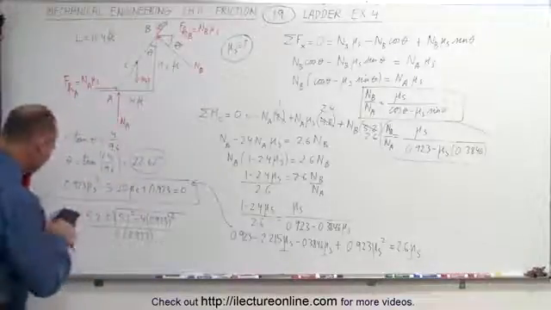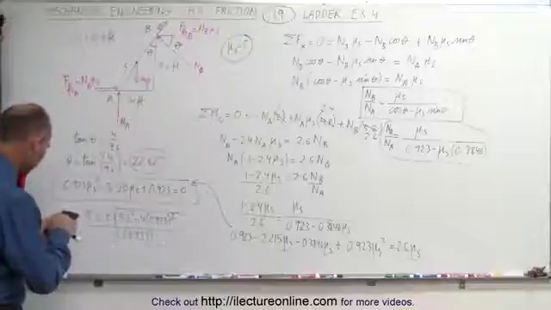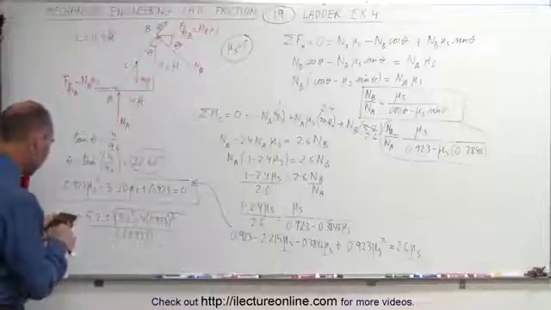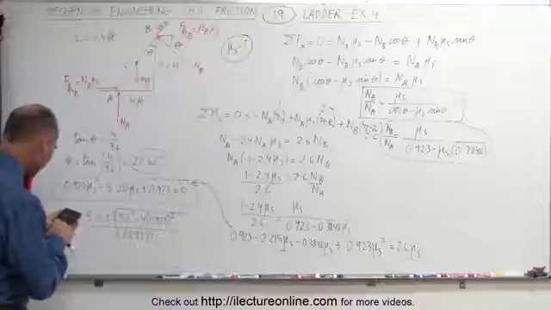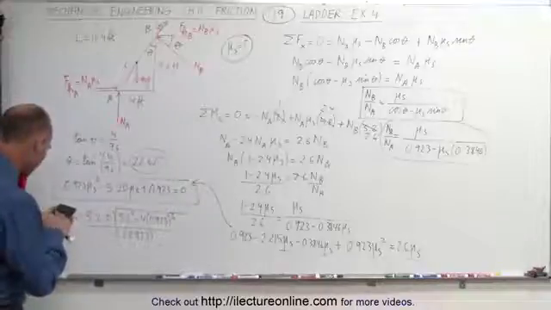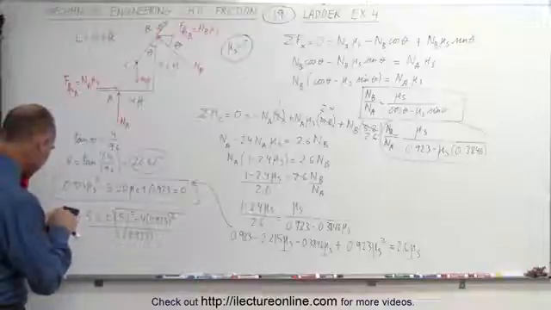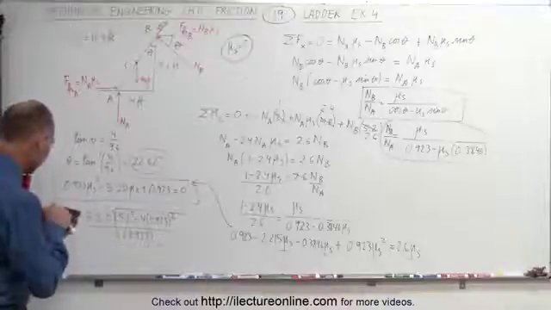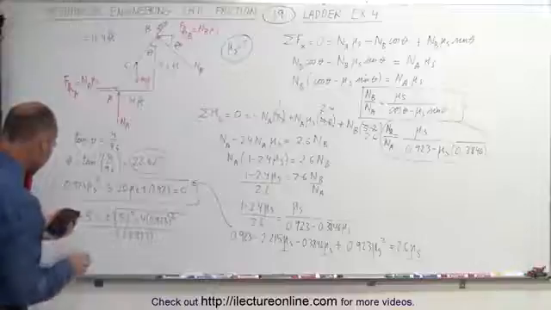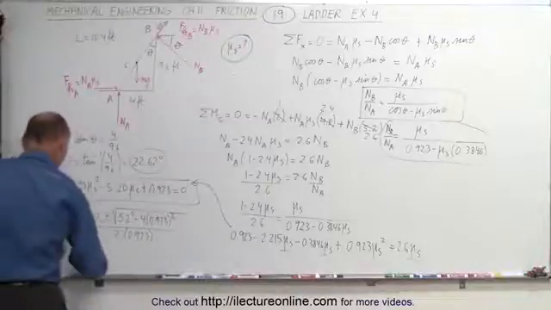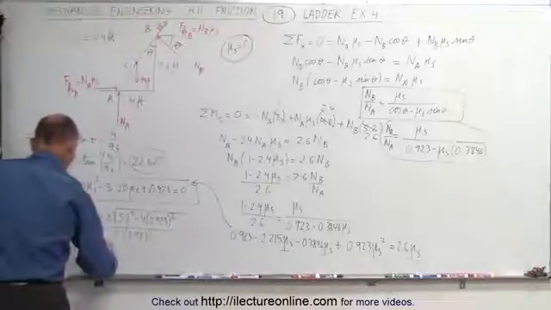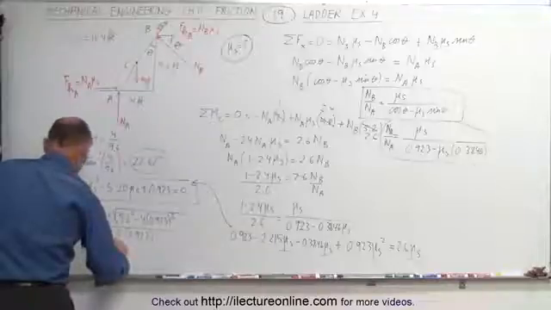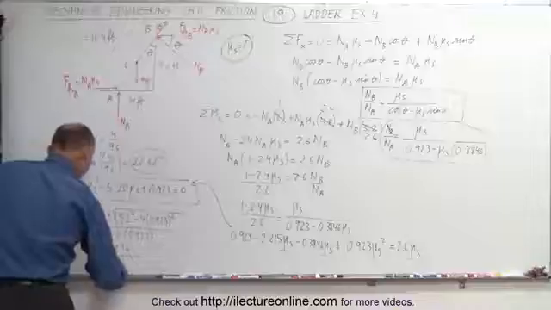All right, so 5.2 squared minus the quantity 0.923 squared times 4 equals, take the square root of that, and that gives us 5.2 plus or minus 4.86 divided by 2 times 0.923.